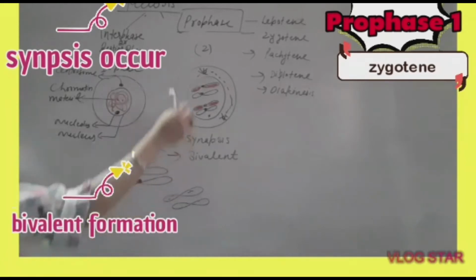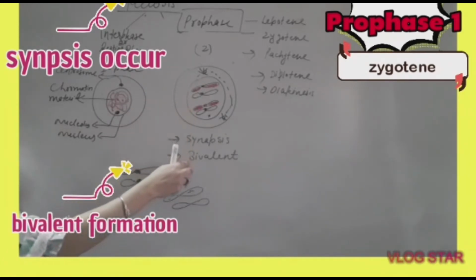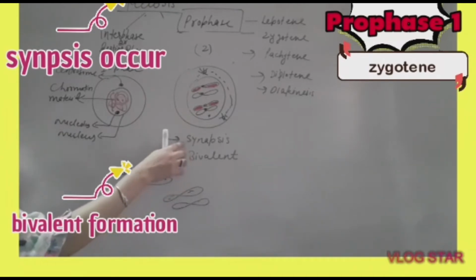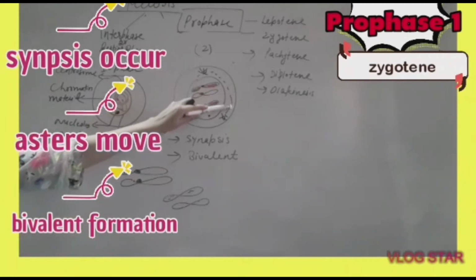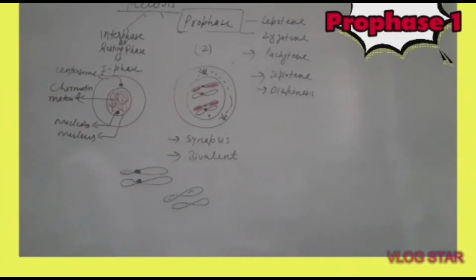The synapsed pair of homologous chromosomes can be called a bivalent. So bivalent or synapsis formation are the two major changes observed in the zygotene stage. Also you can see centrioles are moving more apart. This was zygotene stage, and the next stage is Pachytene.